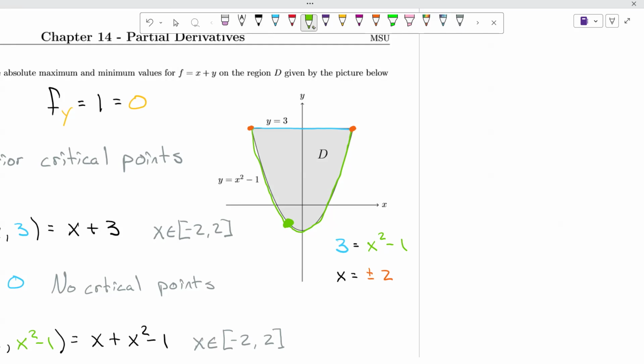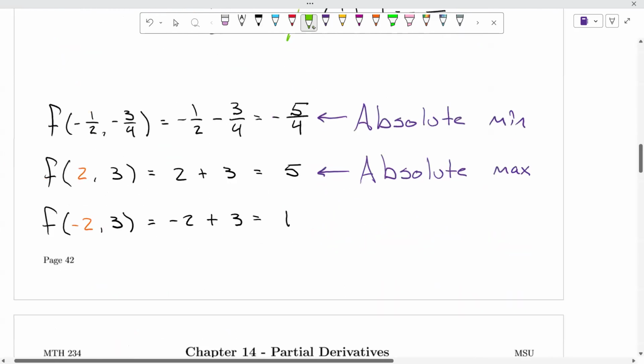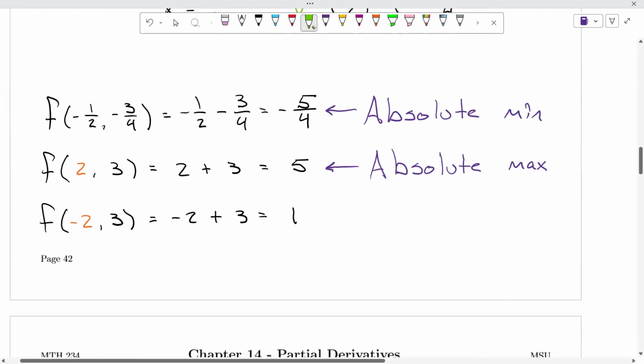And notice that I solve for the points by just setting the 2 equal to each other. I want the intersection of 2 different curves. So set them equal, solve for x. I got that x is plus or minus 2. So I have to check those points as well. And then the last step is the easiest among them, hopefully, depending on how good you are with numbers. The largest value is the maximum, and the smallest value is the minimum.